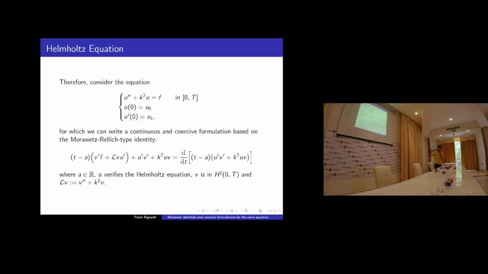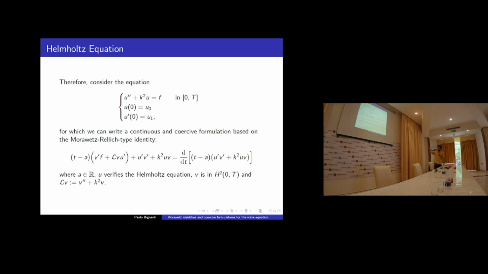The result that I showed earlier works in 2D and 3D. In one dimension, the problem is a bit different, mostly because this is an initial value problem, while the one before was assumed to be a boundary value problem. So you need a different Morawetz identity with a shifting factor. This shifting factor captures the fact that the information is not spread around the boundary, but is all concentrated on one side of the domain.